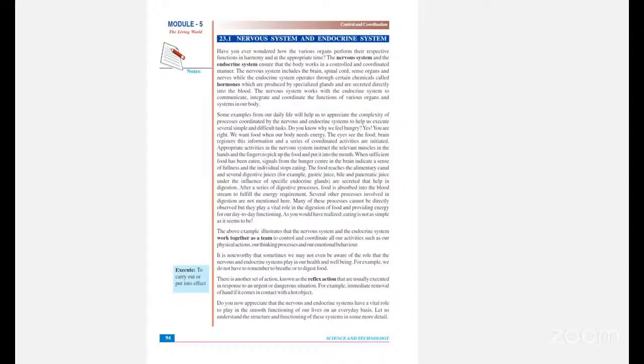Are you getting my point? They are chemical things. They are not any water or any liquid. They are chemical hormones which are responsible for stimulation, and for the growth and development of the body.